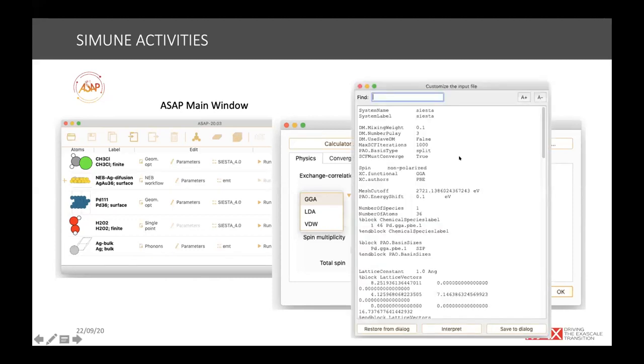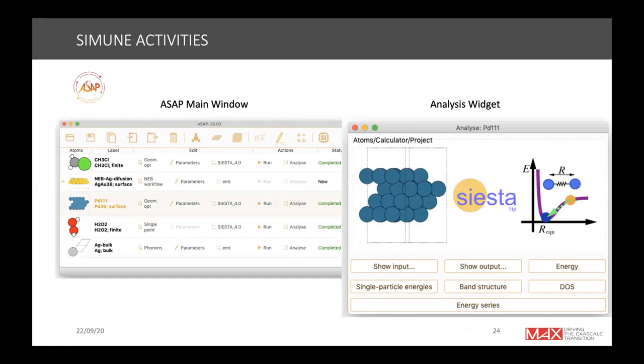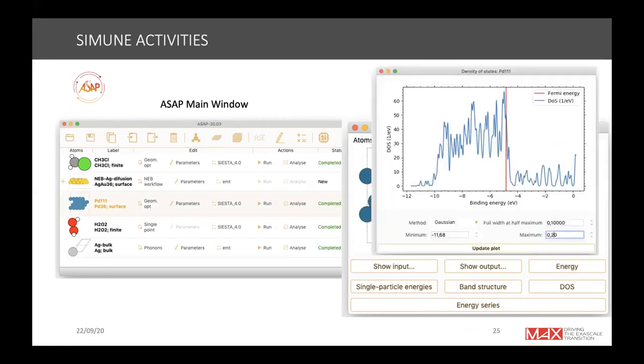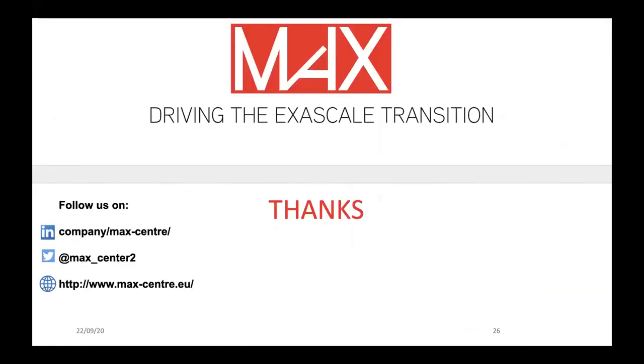Then you create the Siesta input file and you can customize it later. And also there is an analysis widget where you can analyze the Siesta output. For example, I'm showing here the density of states. So thank you very much for your attention, and I will be very happy to answer your questions.